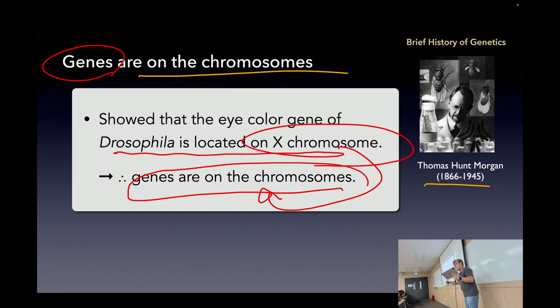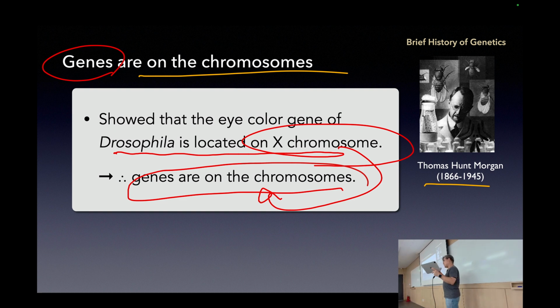So that was the first incident where people officially admitted and recognized, wow, genes are on chromosomes. Get it? Stupid now? 100 years after? Now you get it. Right. Fine. So everything was solved, it seems.